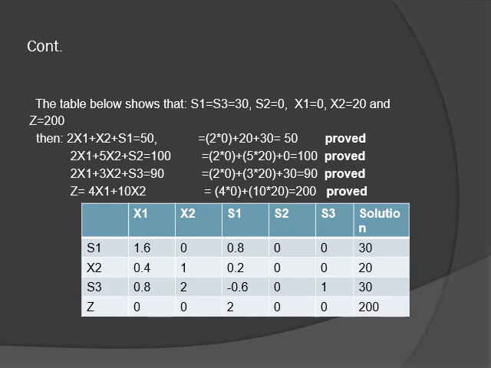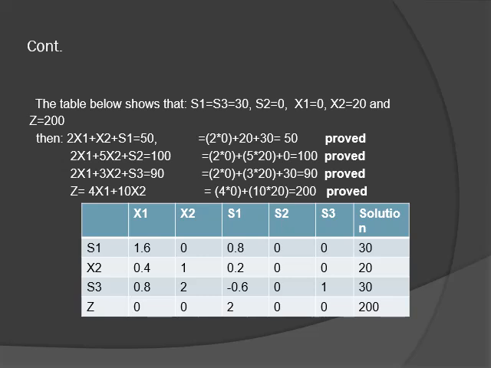As you see, all the values are positive. There are no negative values in the Z row, where S1 is 30, X2 is 20, S3 is 30, Z is 200.